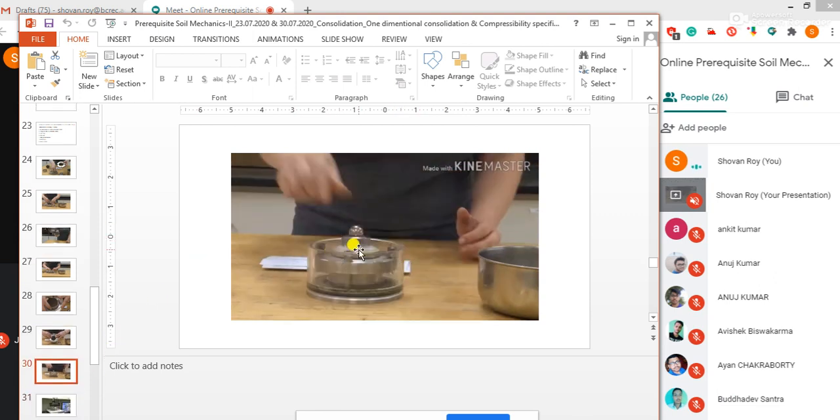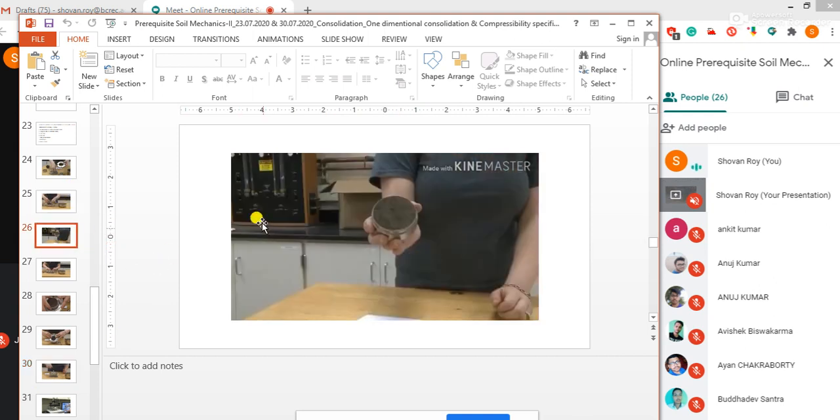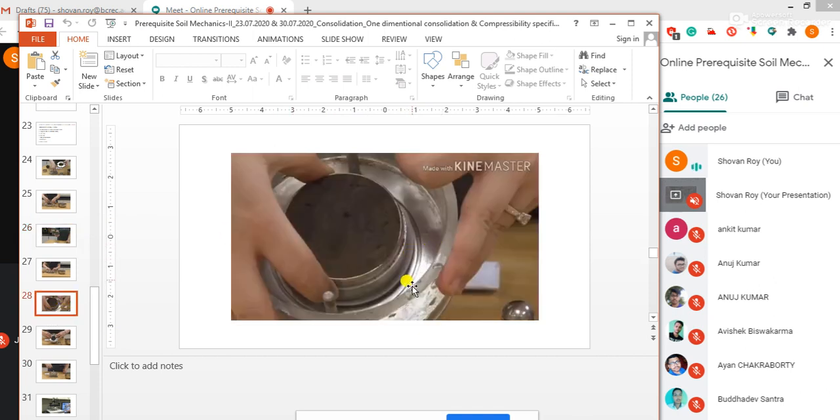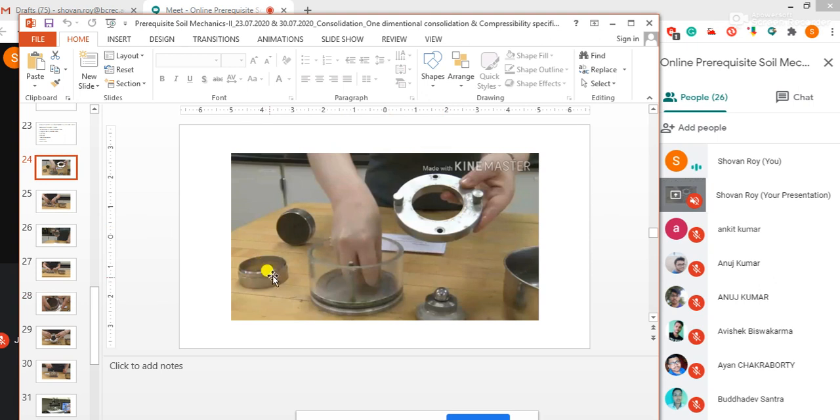This is the complete setup of our consolidation test, and this is our specimen. This is actually a ring, you can see, and both sides are open.